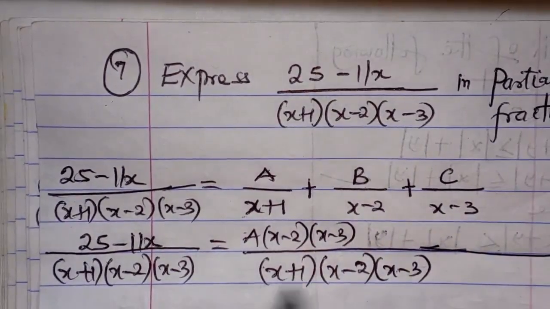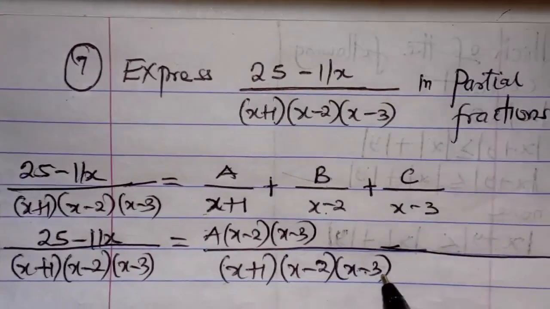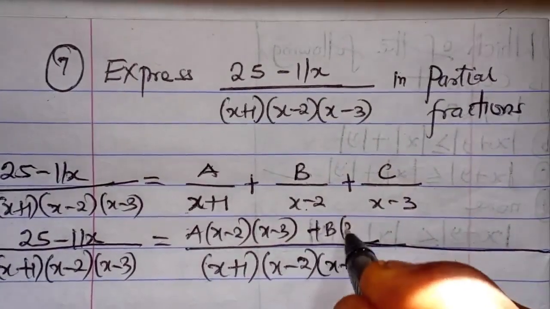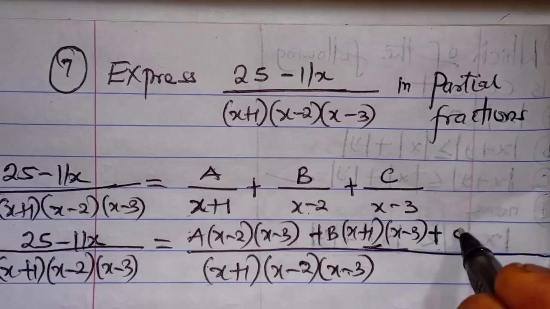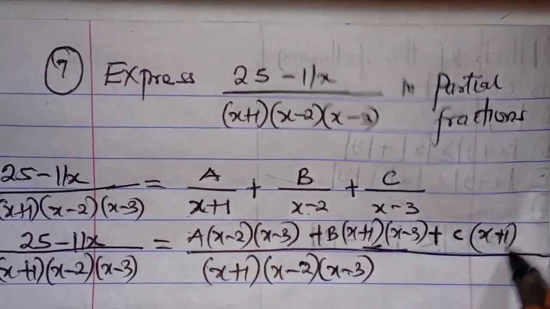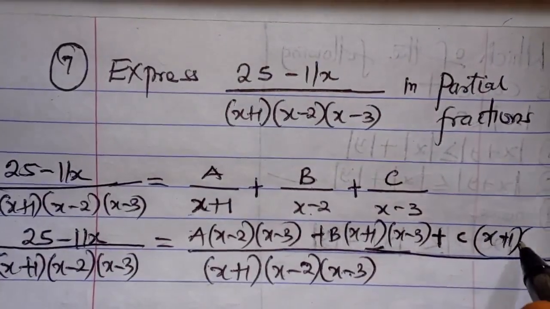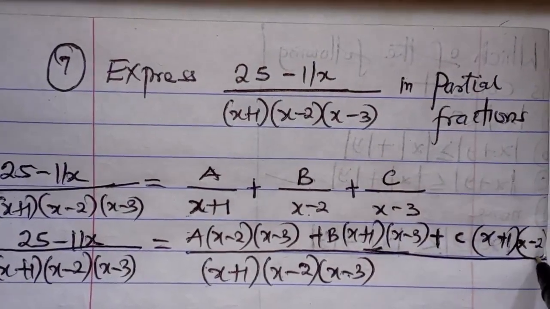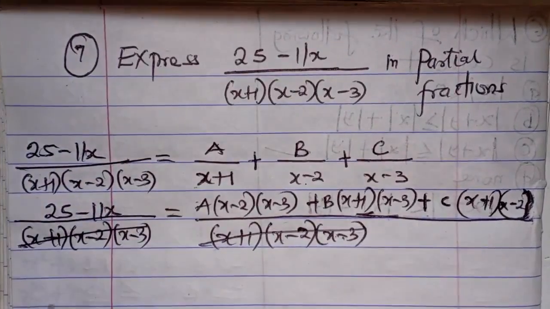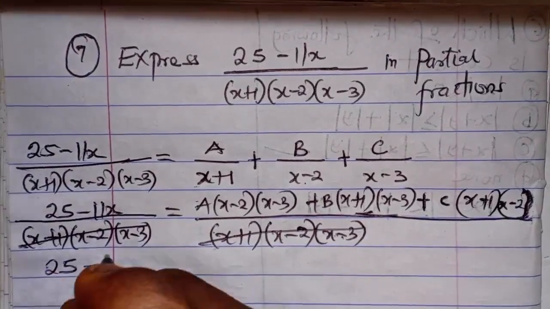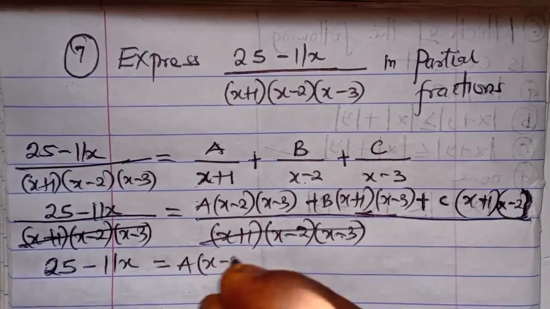Divide everything here again by this, we'll be having x plus 1, x minus 3 times b. Of course, for c, we'll be having x plus 1, x minus 2. So, if they cancel out, we have 25 minus 11x equal to a. I'm not going to expand that.